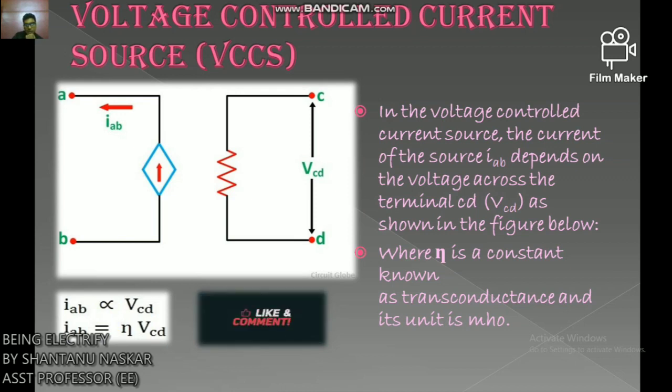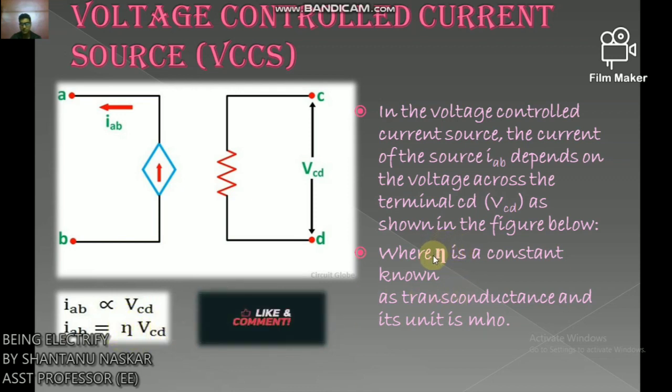Now we will go through the VCCS. In the voltage controlled current source, which is called VCCS, the current of the source IAB depends on the voltage across the terminal CD, which is VCD, as shown in the figure, where IAB is proportional to VCD and IAB equals G VCD.